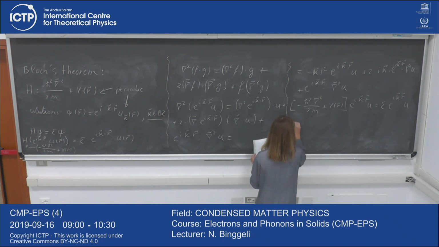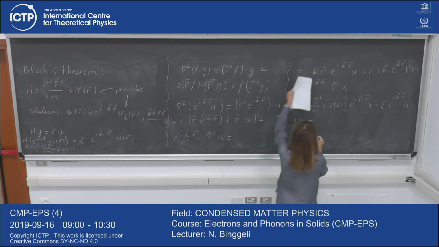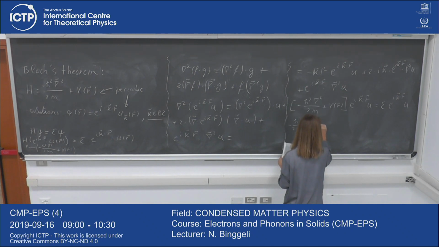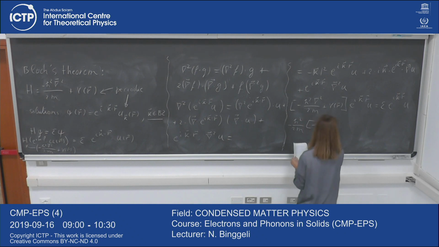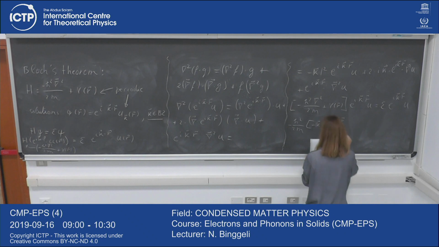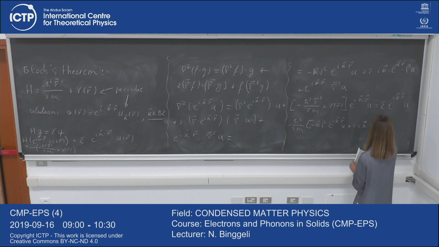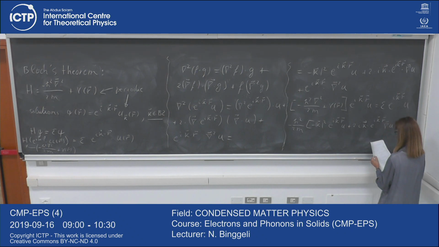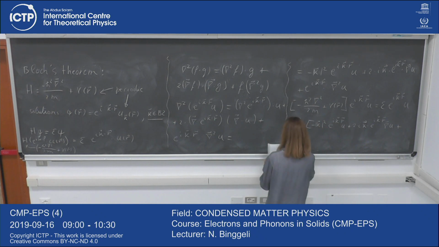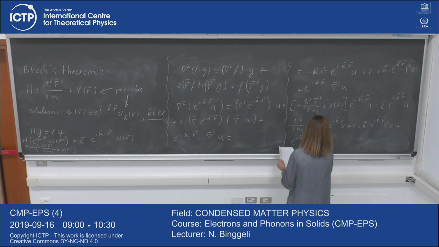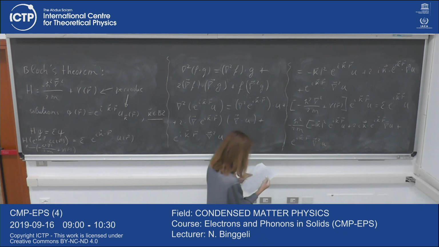So I'm getting minus h bar square over 2m, and then on what I have here, so minus k square exponential I k r u plus 2 I k exponential I k r gradient of u plus exponential I k r the second derivative of u, gradient square u.